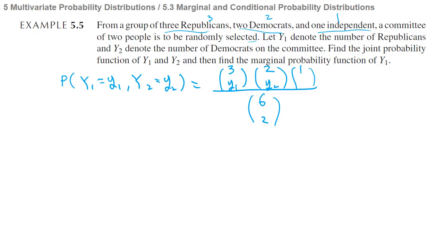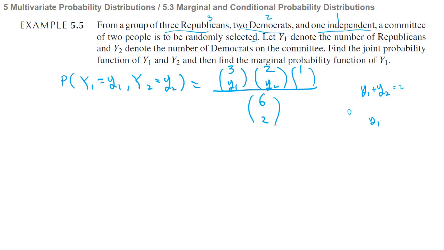If we know y1 and y2, we can determine it: if y1 plus y2 is 2, then this number is 0.